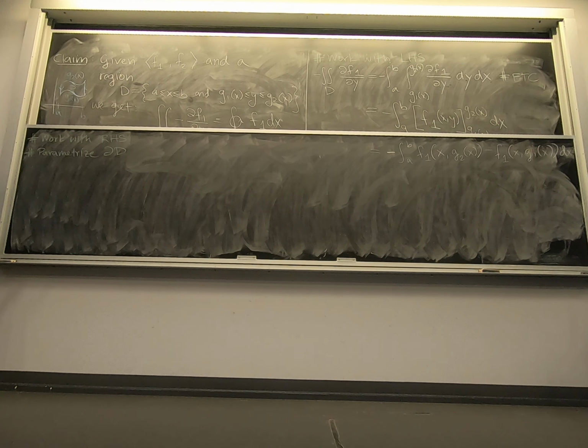So our parameterization goes along the graph of g1 of x and along the graph of g2 of x, and we're going between a and b.